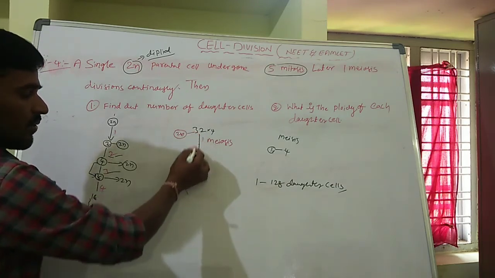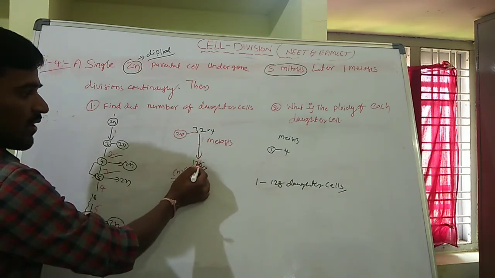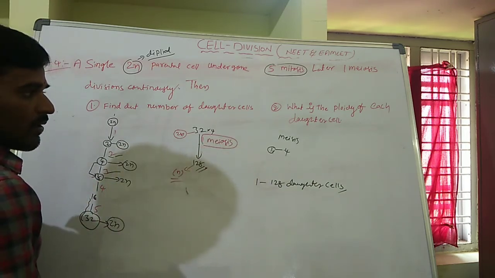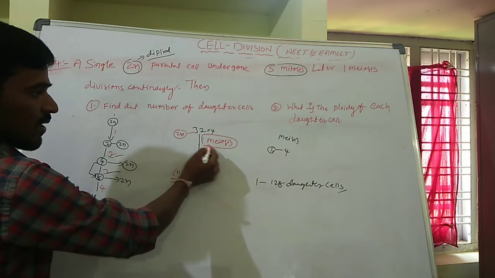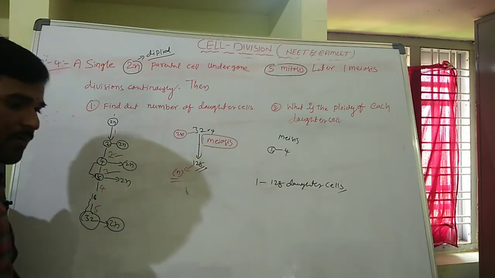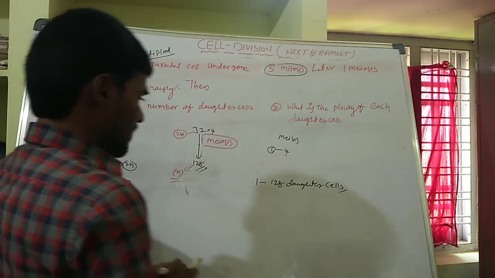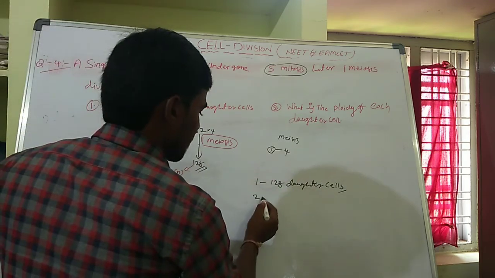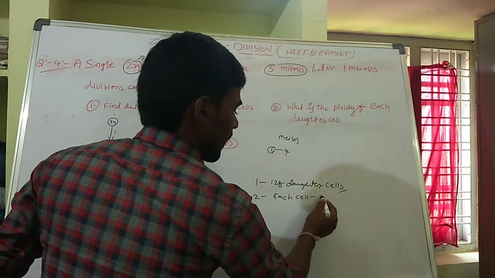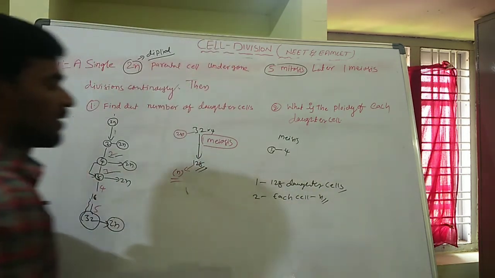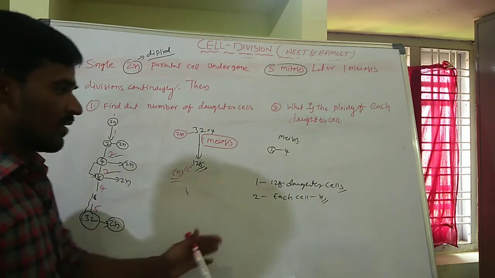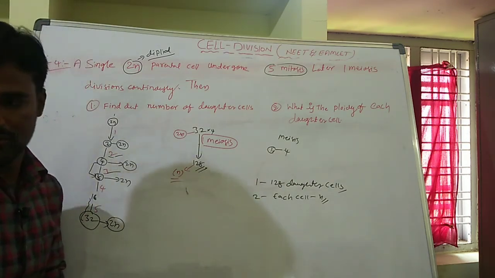Means 32 cells give 128 cells after the meiosis division. This division is meiosis. That is why chromosome numbers are reduced into half, and that is why each cell is in haploid state. So the second answer is each cell is in haploid state. So this is the answer. Okay.